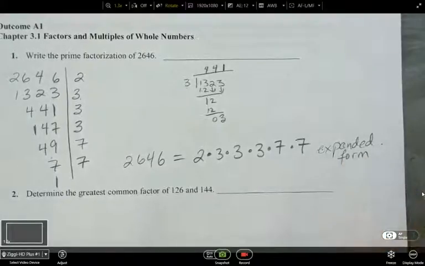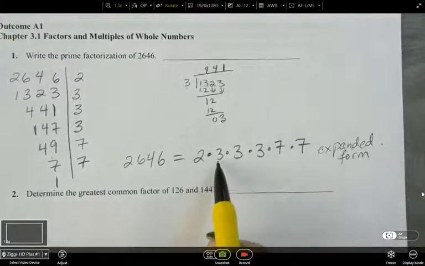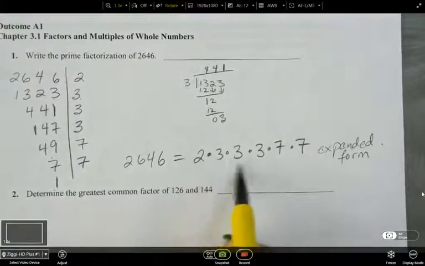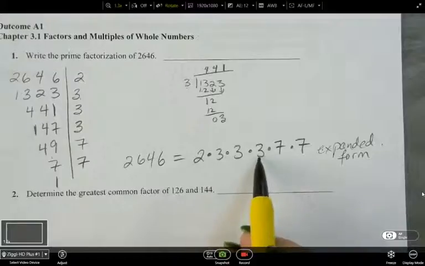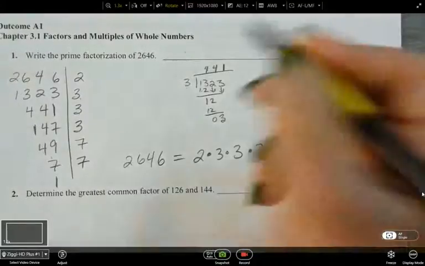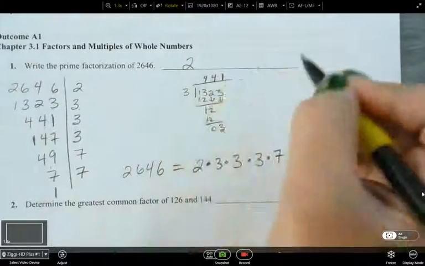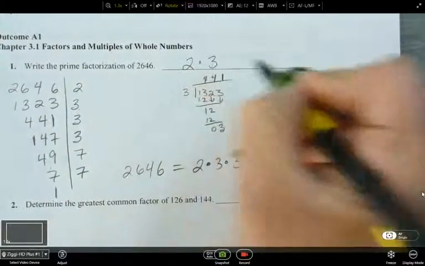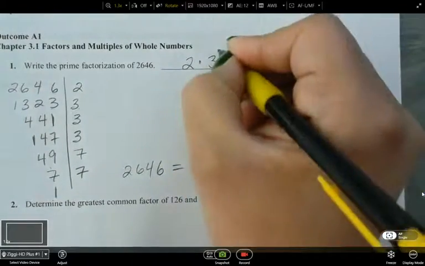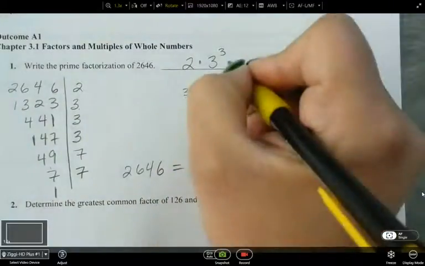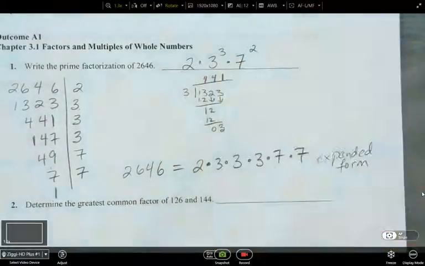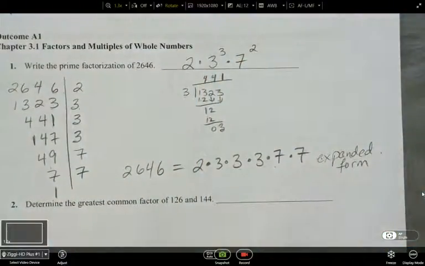But if I were to write it with exponents, what would it look like? 3 cubed, and then 7 squared. Okay, so let's write that here. 2 times 3 to the power of 3, and then 7 squared. So that's what the prime factorization would look like.